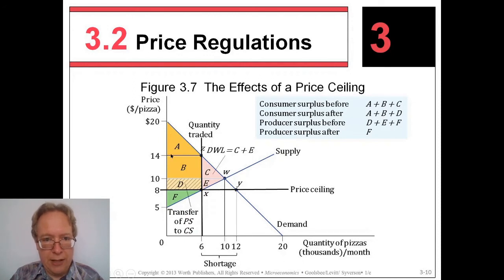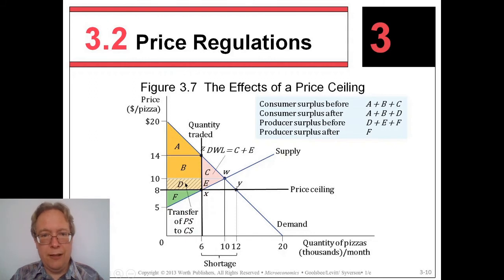This person has a slightly lower surplus, etc. But this person who's willing to pay 14 and only has to pay 8 is actually the last person that is still able to buy a pizza. All the other people are willing to pay more than 8, but there's no pizzeria willing to give it to them. So in other words, total consumer surplus after the price ceiling is imposed is A plus B plus D.